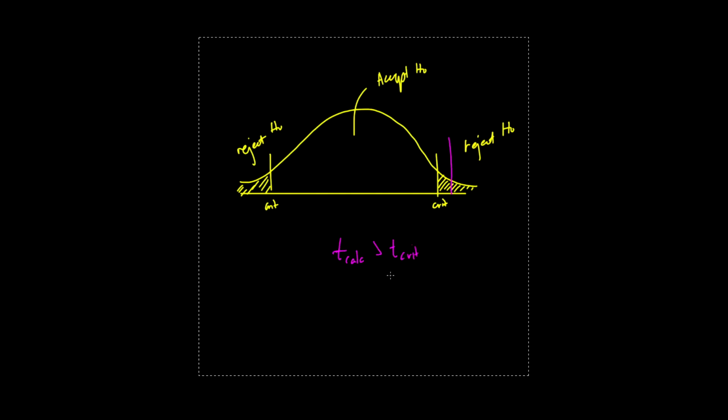Sometimes, instead of T crit, they call it T tab, meaning tabular data. So you can call it T crit or T tab, whatever you want. So if T calc is greater than T crit or T tab, then you reject the H naught. If it is less than, again, T crit and T tab are the same, we accept H naught. Okay?